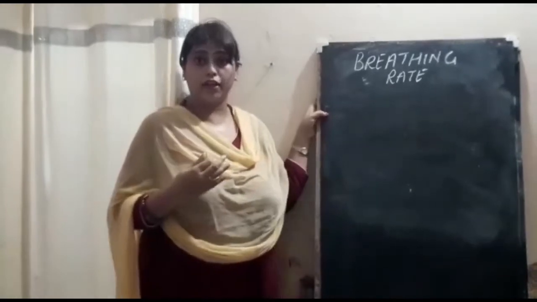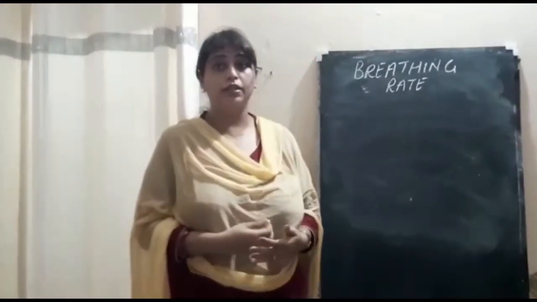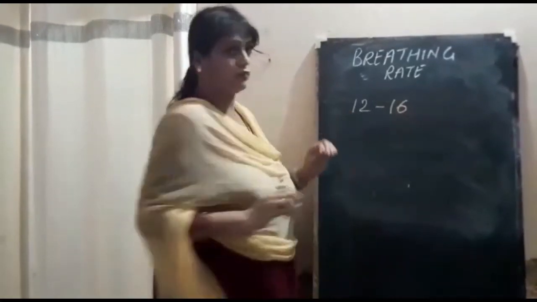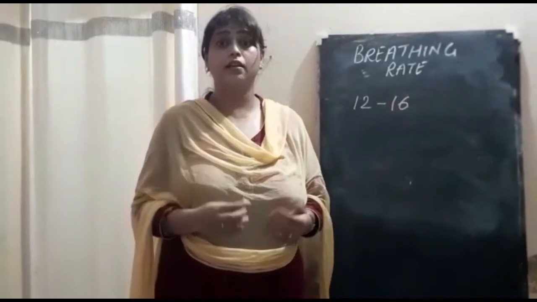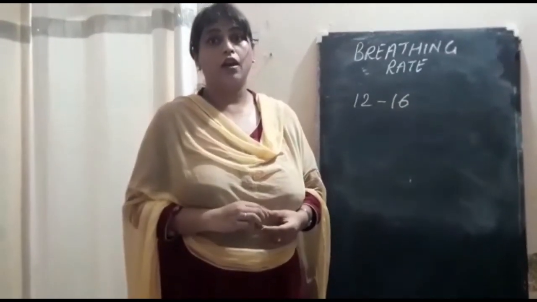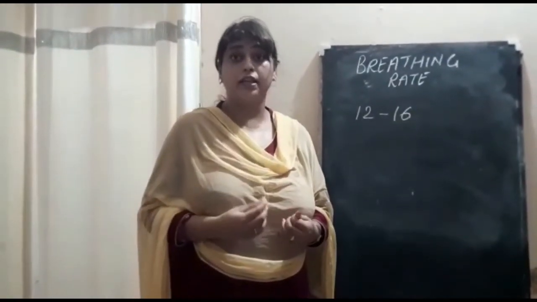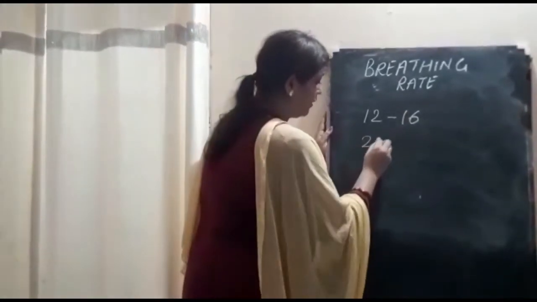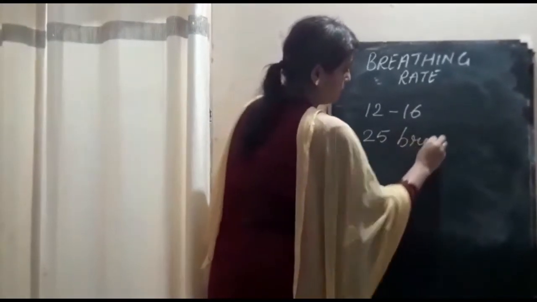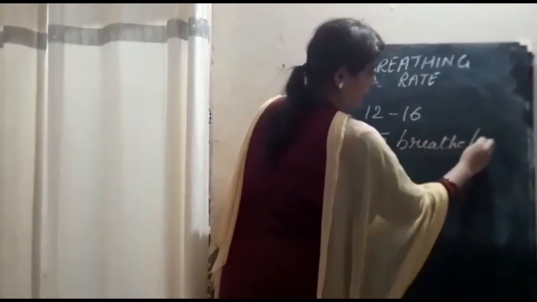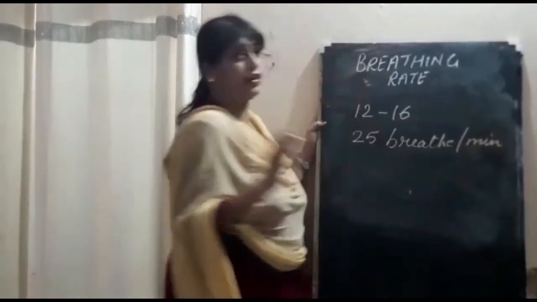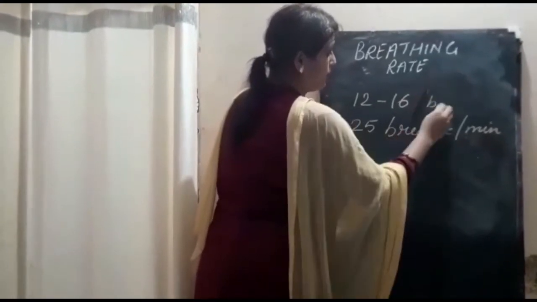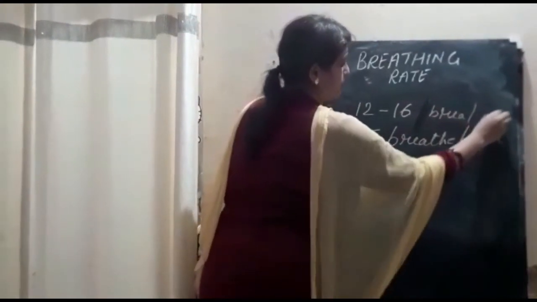Children, on an average, the breathing rate of a human is 12 to 16 when he is in a normal condition, and during heavy movement in the body, it increases up to 25 breaths per minute, and when it is normal, it goes to 12 to 16 breaths per minute.